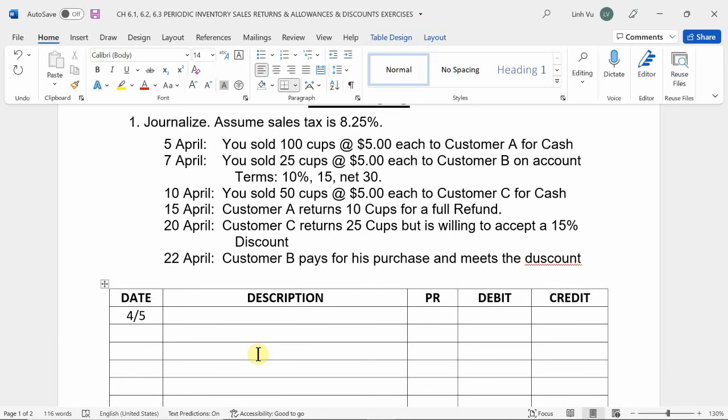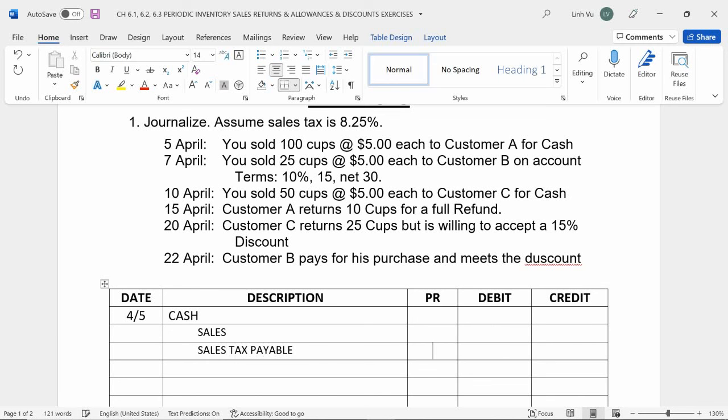How do we journalize this? Cash, good. Cash and sales, good. And what else? What else do we have to charge? Yes, sales tax.